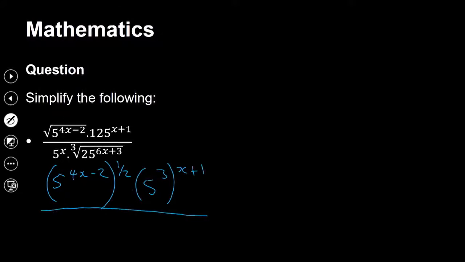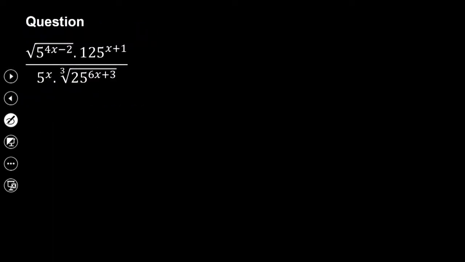And all of this is going to be divided by 5 to the exponent of x multiplied by 5 squared in brackets, and inside here it will be 6x plus 3, and then I will need to include another bracket because of the cube root, which is 1 over 3, right? And then to simplify this, I'm just going to do it on the next slide.